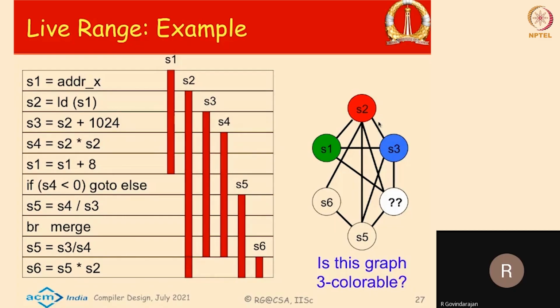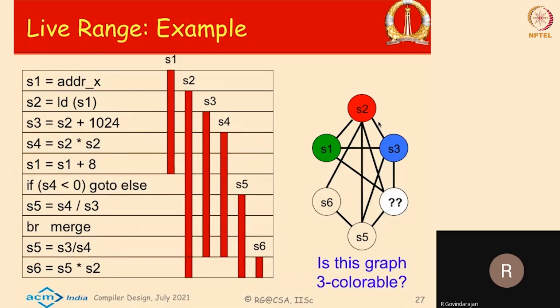But if I can't reduce the graph any further and all nodes in the graph at that point in time have greater than or equal to k edges, then I say that this graph is not k colorable. Actually, it may not be k colorable, that's really what you say, but it's okay. Let's just take it as not k colorable.